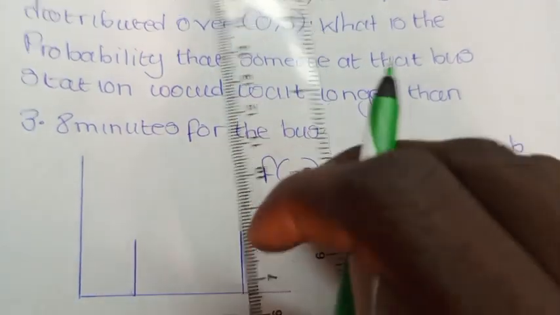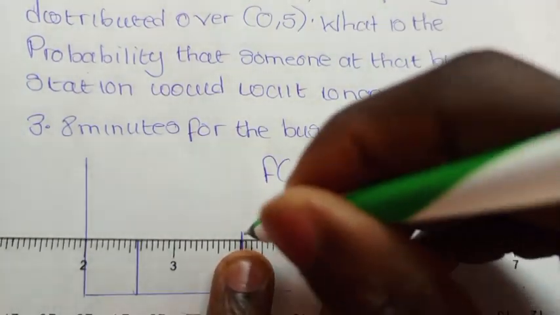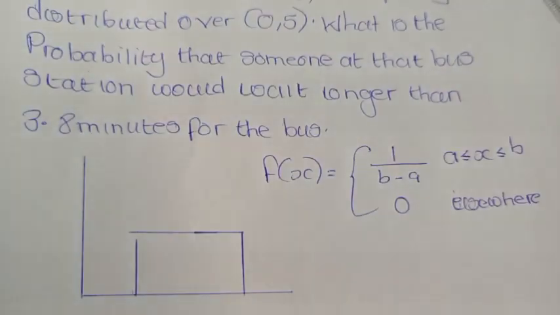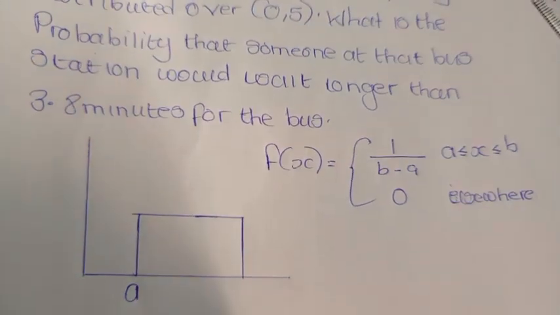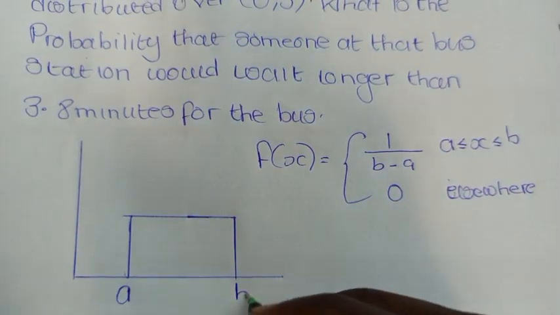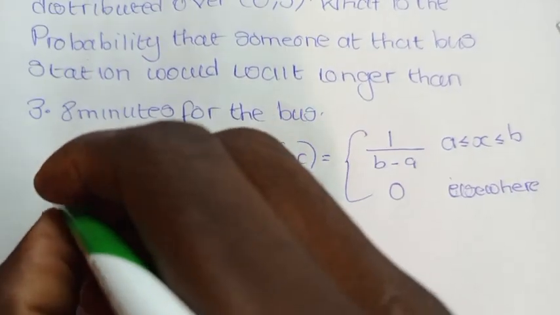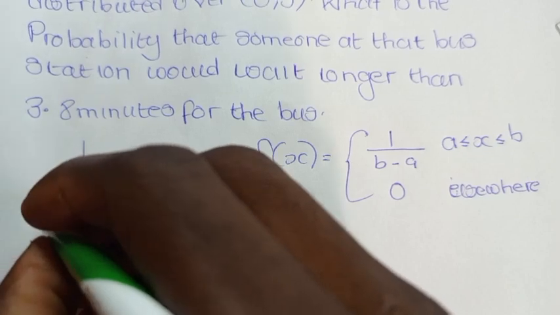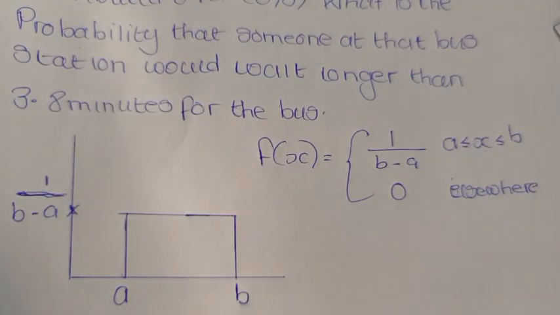You can call it a square or a rectangle. This one is called A, and this one is called B, and this one here is 1 over b minus a. This is what is referred to as the height.